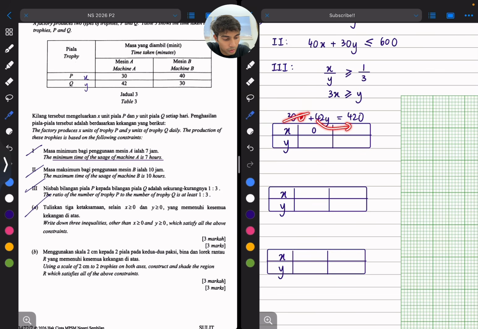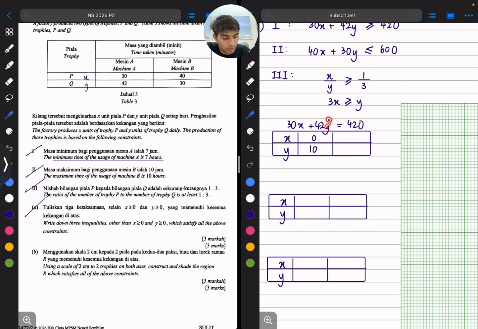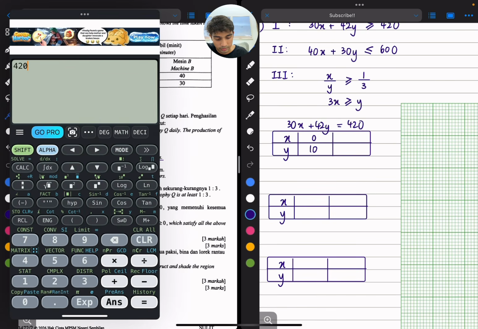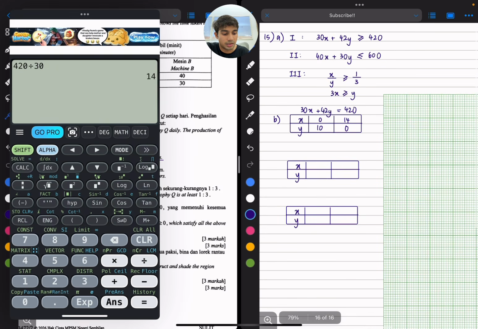So 420 divided by 42 is 10. Then when y is 0, this whole thing becomes 0. So x is 420 divided by 30, we get 14. This will be helpful to plot our coordinates later so that we can draw the lines easily.